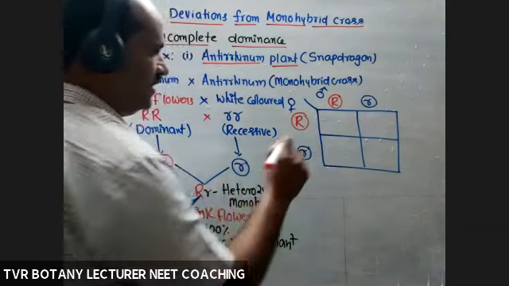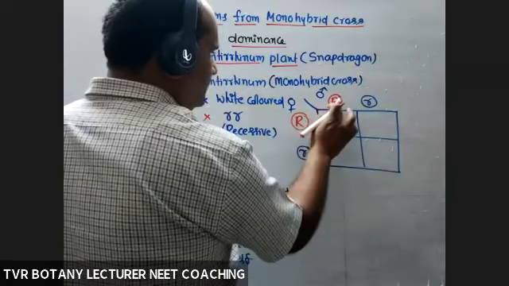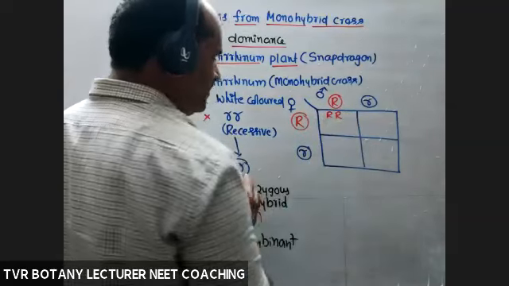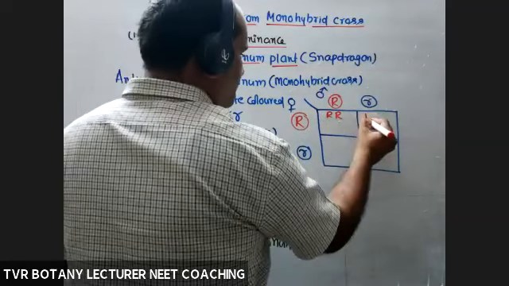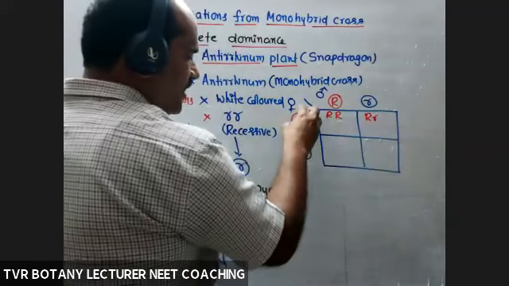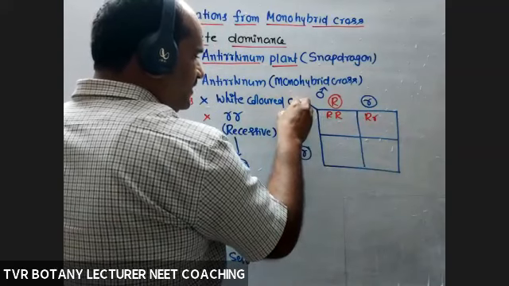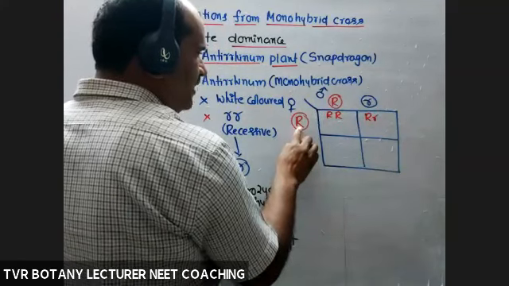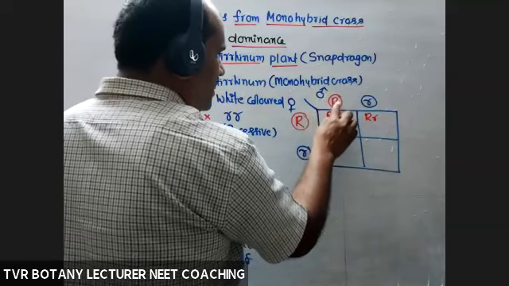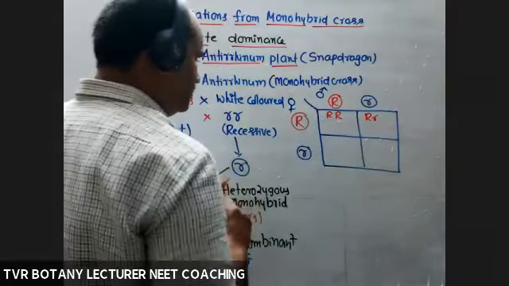Now, what about the combinations of gametes? Capital R with capital R. Capital R, 50%. Capital R and small r. This one completed. So what about the probability of a female gamete with the capital R making fertilization with a male gamete with capital R and small r? 50-50, two times involved.